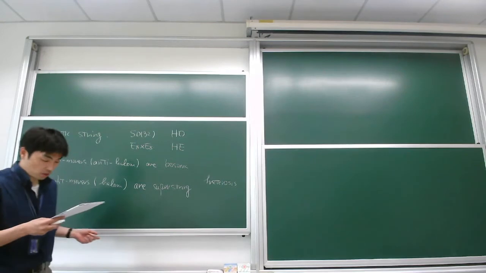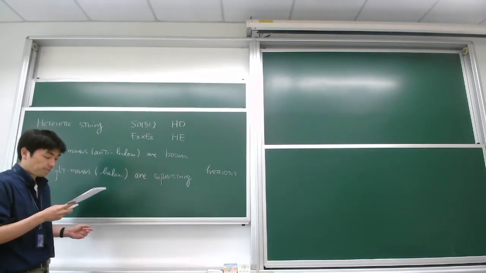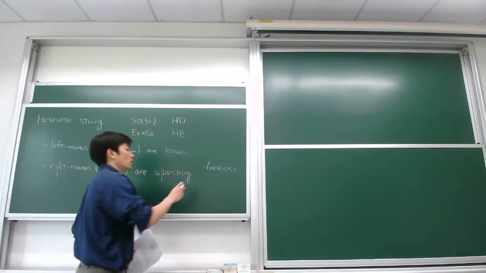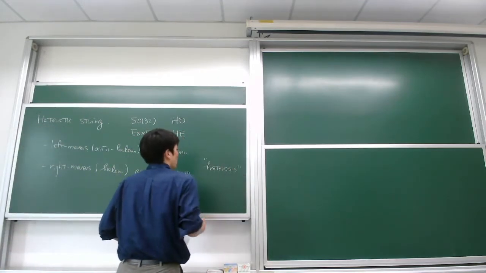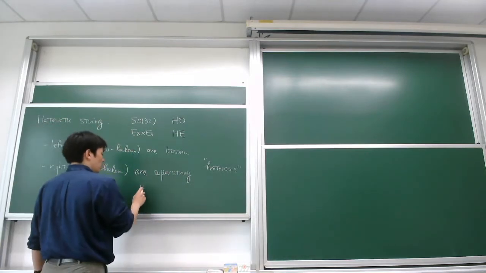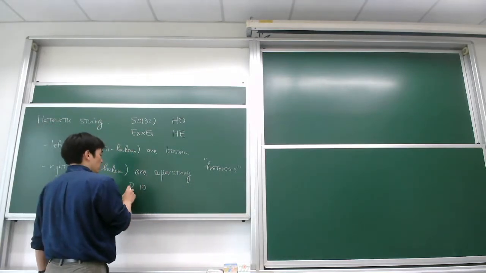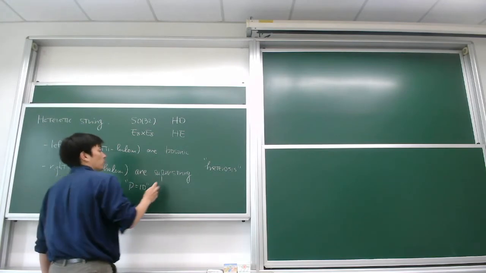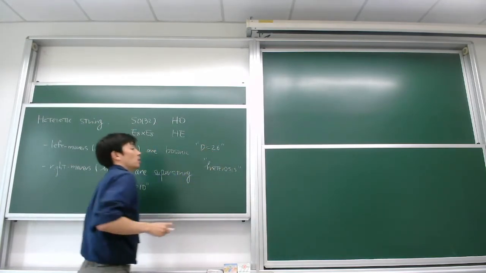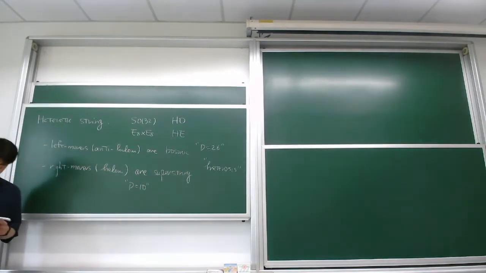Okay. So the heterotic string comes from the name heterosis. Here, as I mentioned, this is only well-defined for D equal to 10, and D equal to 26 for the bosonic string.